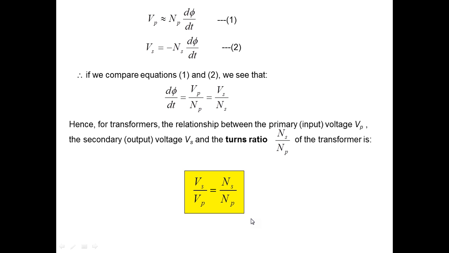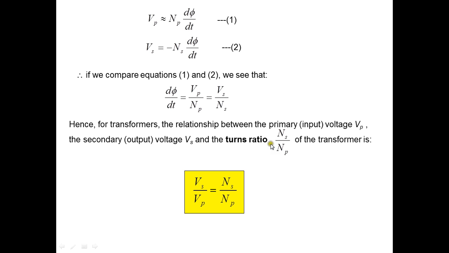So if you combine these two equations from the primary coil and the secondary coil side of the transformer, we essentially have this. And if we assume that the rate of change of magnetic flux is constant, assuming no loss of magnetic flux, we can arrive at this formula.